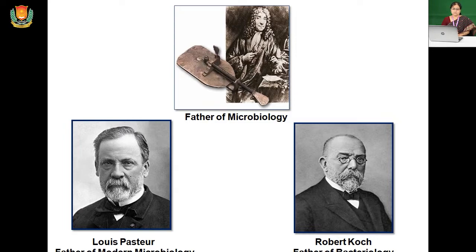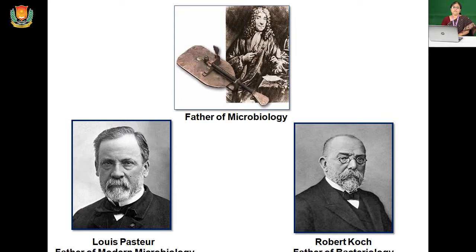Actually, he was a Dutch merchant, and in his lifetime he produced about 250 to 300 microscopes, which were actually not microscopes. He used to make different combinations of ground lenses, and with these lenses he used to observe different samples, for example saliva, pond water, honeycomb and so on.